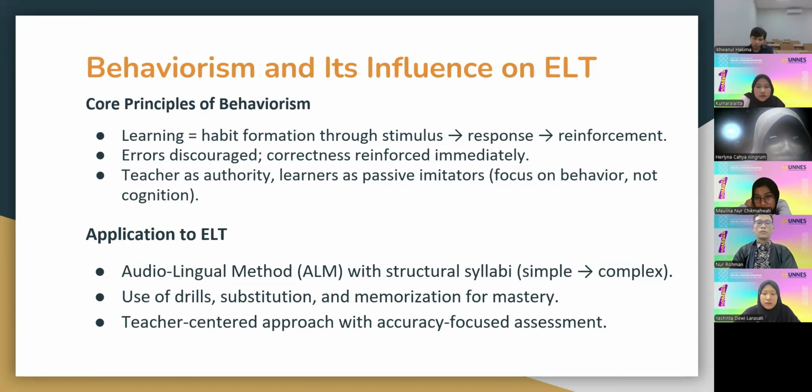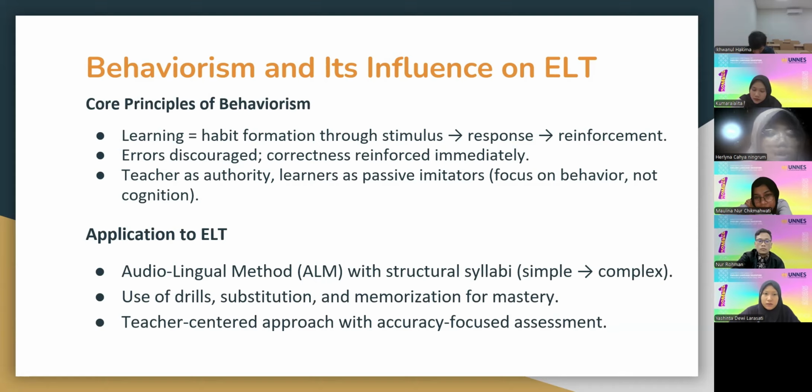Errors here are undesirable because they indicate incorrect conditioning. Therefore, immediate correction and reinforcement of accurate responses are essential. The teacher is the authority, functioning as a controller of stimulus, while learners are passive participants imitating linguistic models provided to them.